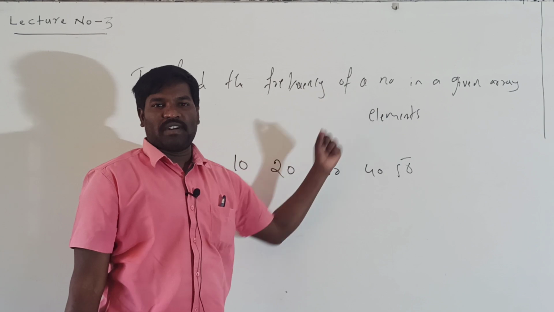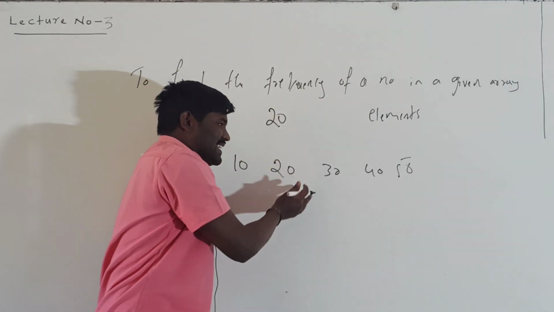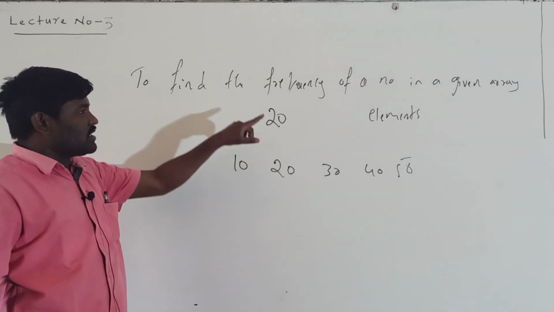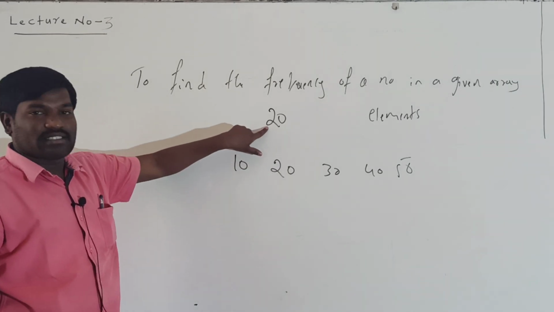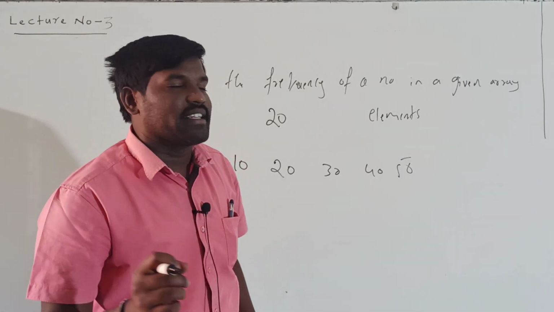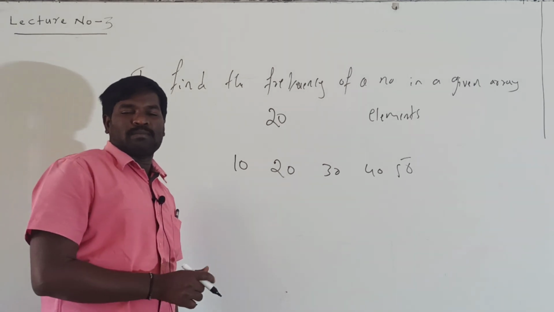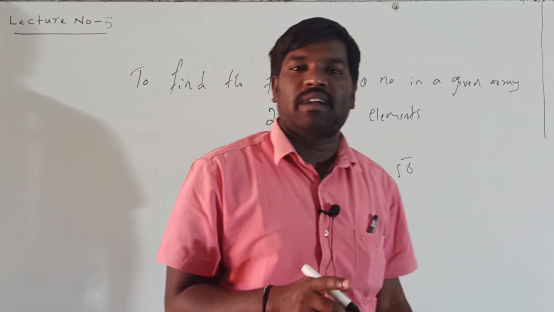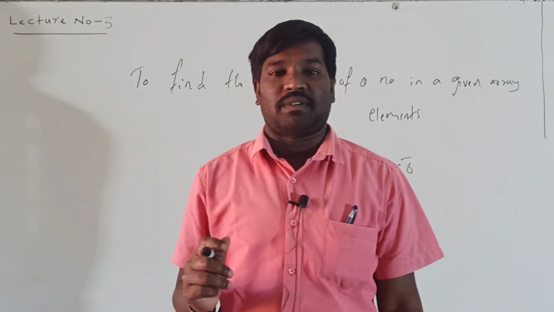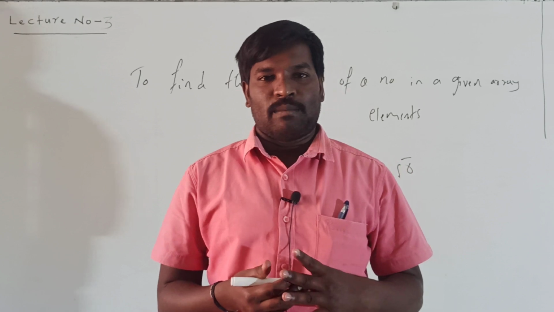Frequency of a number means if I search the 20 in a given array element, how many times the searching element is present in the given array. That is nothing but the frequency of a number.